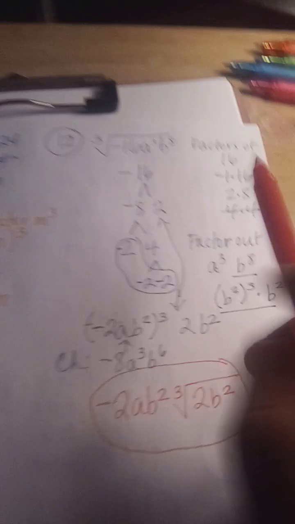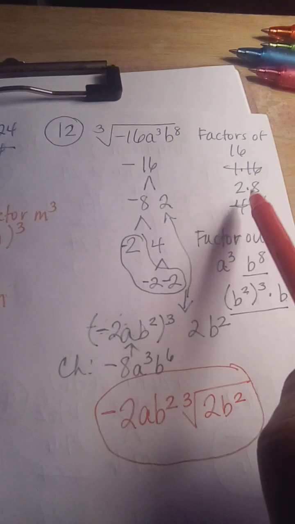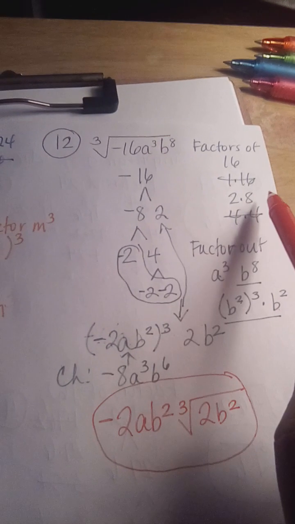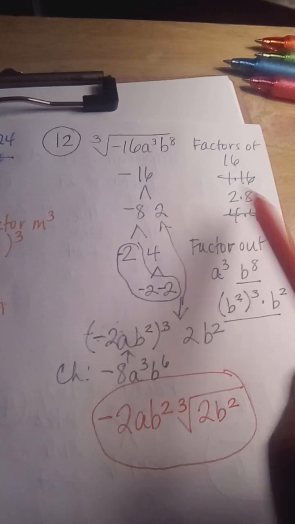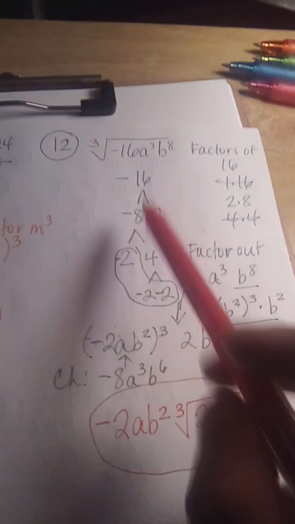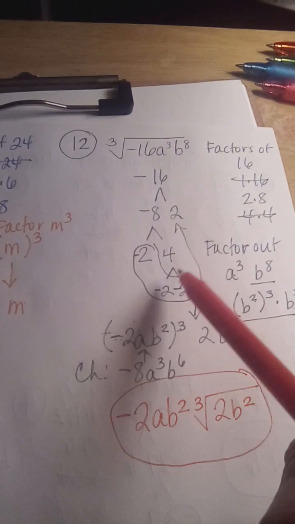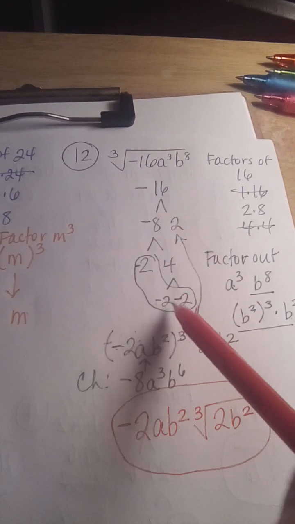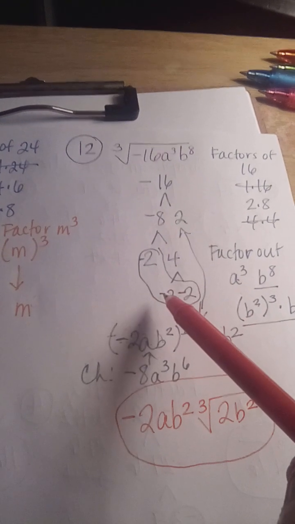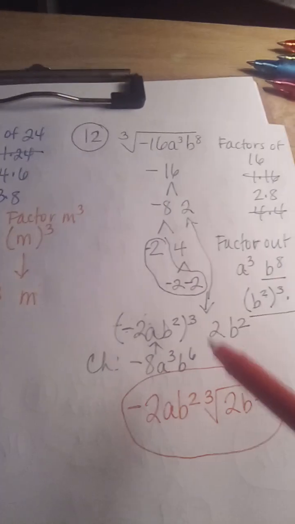So when you do this, factors of 16, you break it down, brainstorm on this side. And then whatever numbers you pick, the factors have to fit into the factorization. In this case, we have -8 and +2, and you factor out the -8, and you got -2. -2 comes out 3 times as the index.